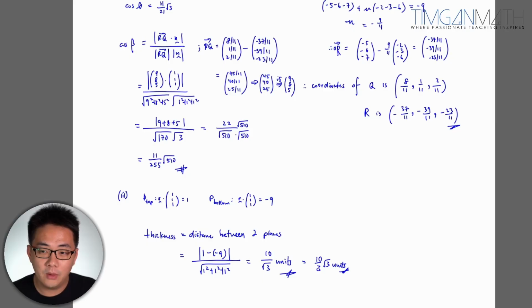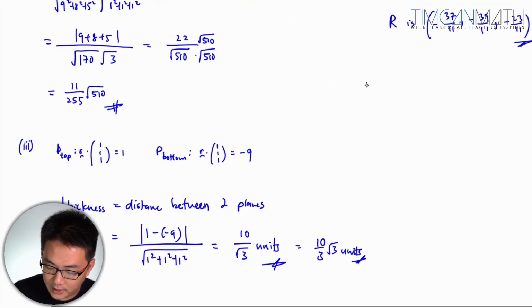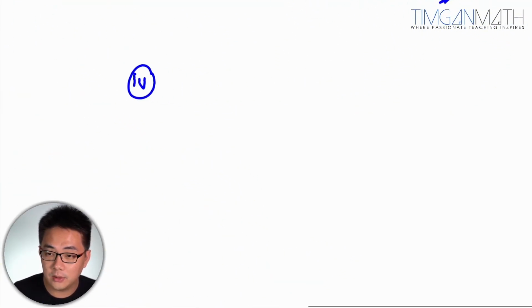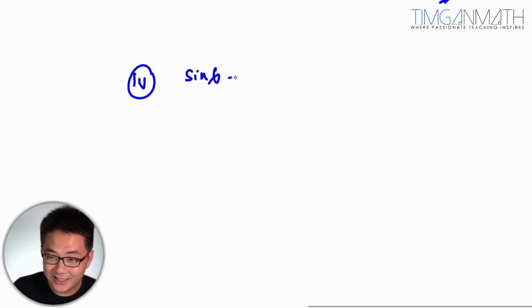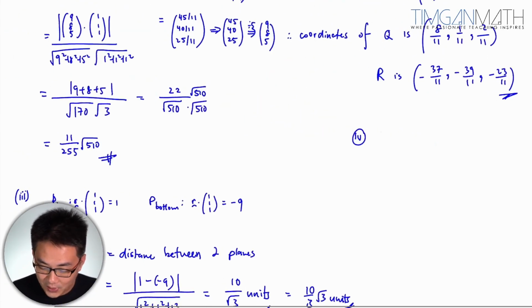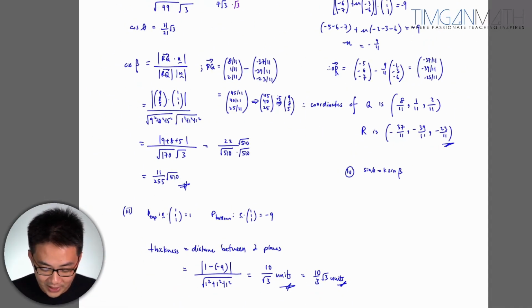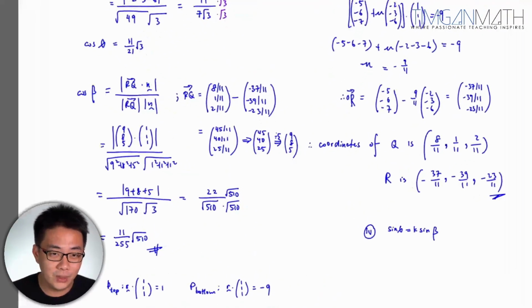So now we are told to find the k by Snell's law, sine theta equals k sine beta, and this is only 1 mark. You don't really need to find the exact ratio. They never ask for it, but if you need to, you could use your secondary school ratio.